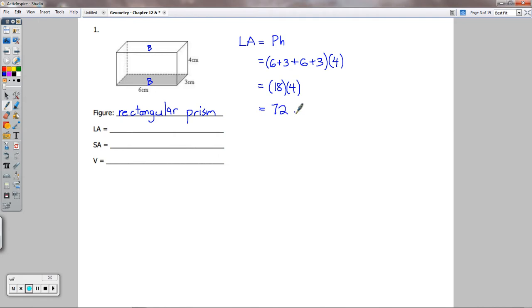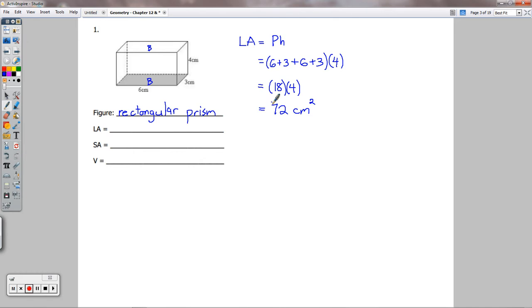Depending on whether you used a different pair of parallel faces for the bases, you may have a different answer than this. You might have 84 or you might have 60 if you used this side and this side instead of the bottom and the top, or the front and the back.